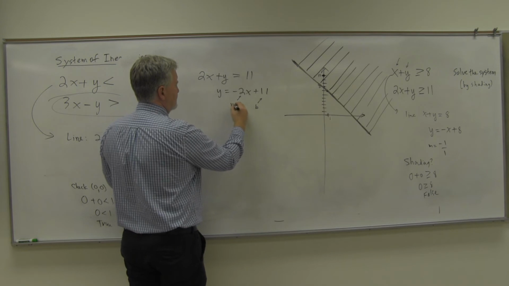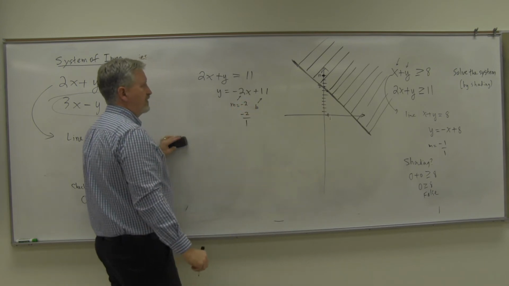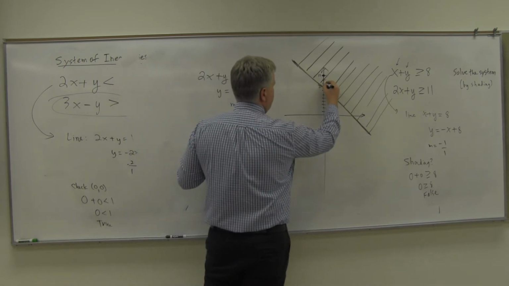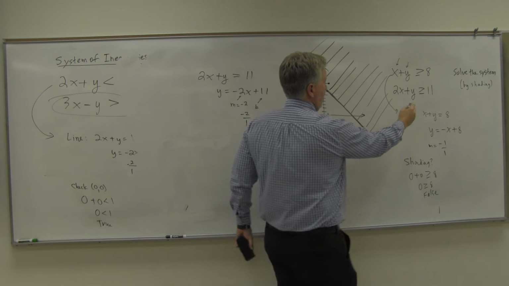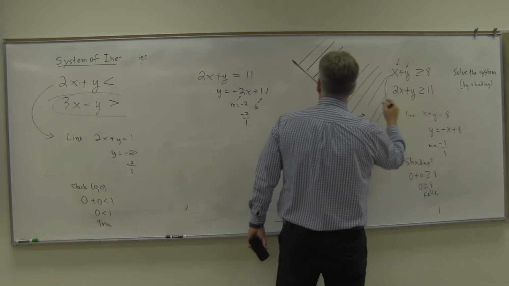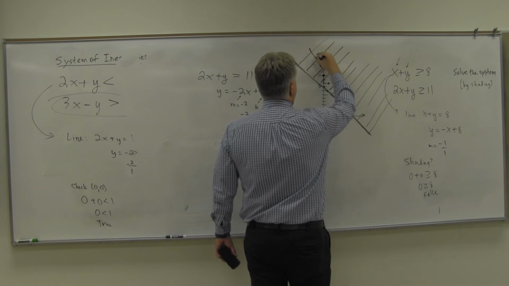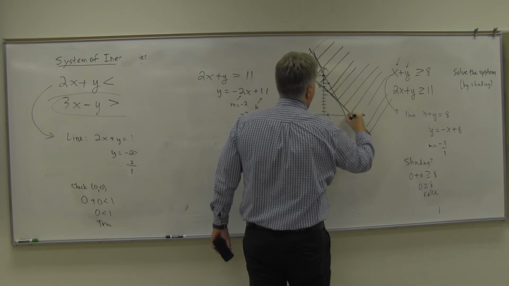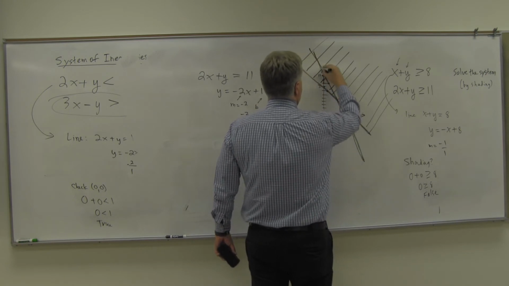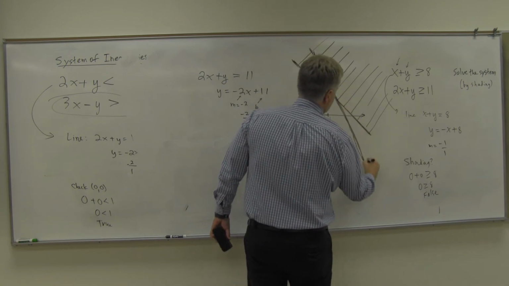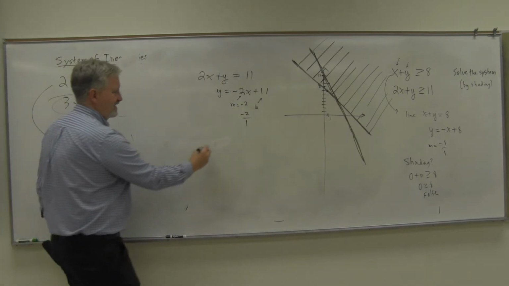And then my slope is negative 2, or negative 2 over 1. So down 2 over 1. Down 2 over 1. And it also has the equal to part on the inequality, so that's also a solid line. So going solid again here. But I need the shading for that one.